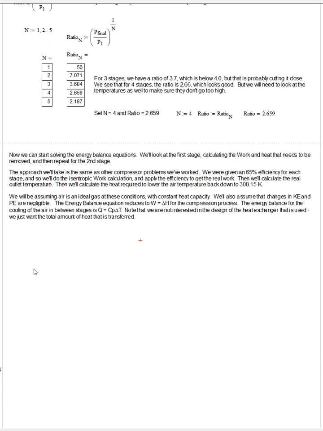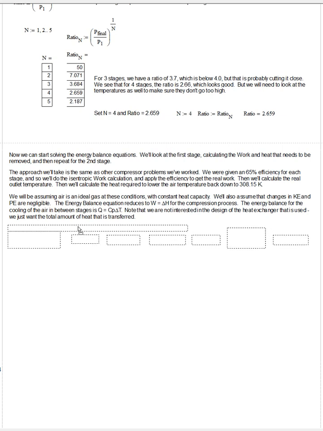The one thing I'll note is we are not interested right now in any of the design of the heat exchanger that's being used. We just want the total heat rate that needs to be transferred. Details of a heat exchanger, that will be something that you would consider in your heat transfer class that you would be taking usually your junior year.